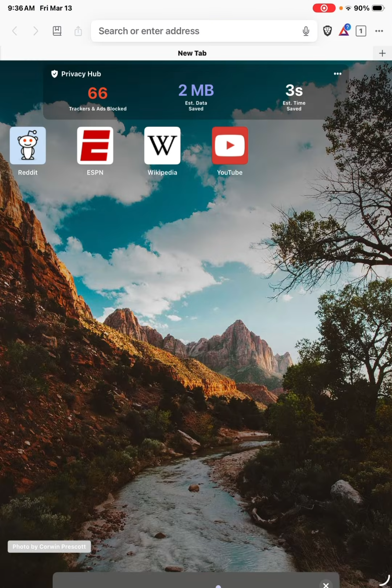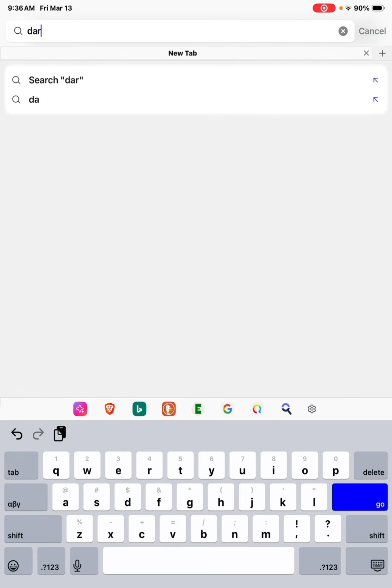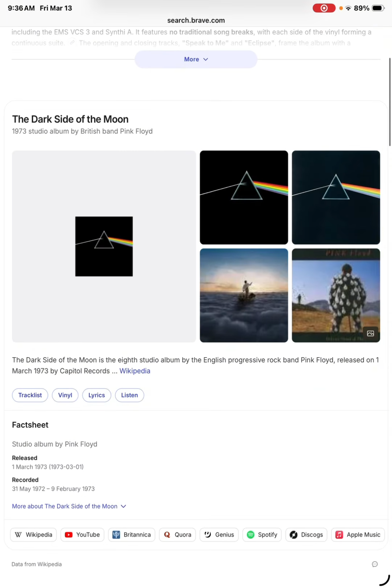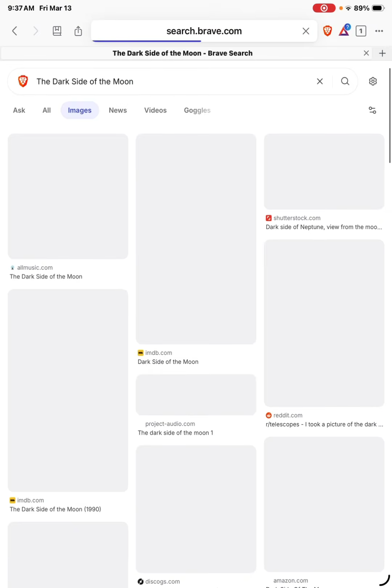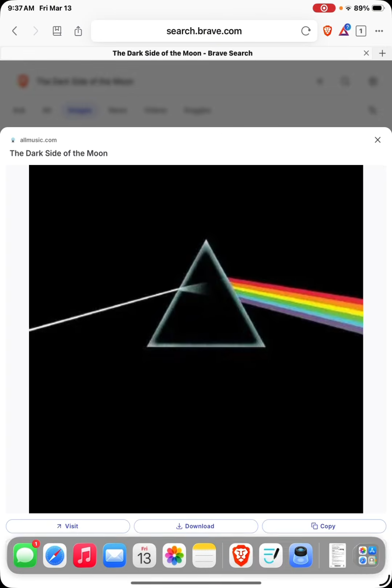Wait, is it The Dark Side of the Moon? I think. Let's see. Yes, Pink Floyd. Sorry. So this is the image they are referring to. Okay, this was kind of funny.